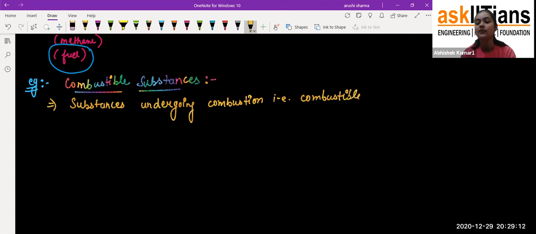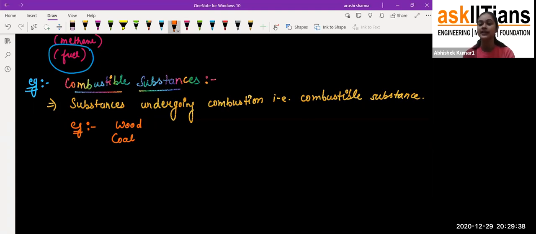As I have told you, some examples are already given. One example is wood, which you have seen in the picture. Another is coal, which is made up of carbon and converts into ashes when we provide fire to it, giving carbon dioxide along with heat and light.